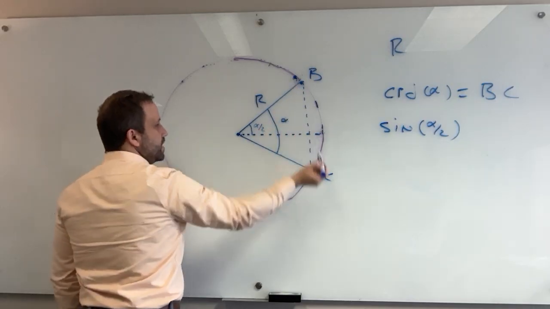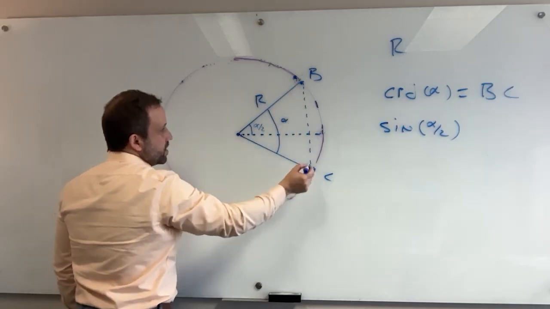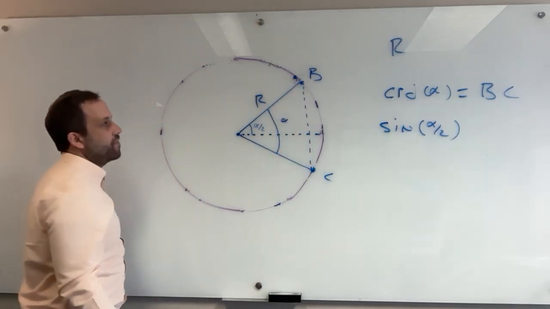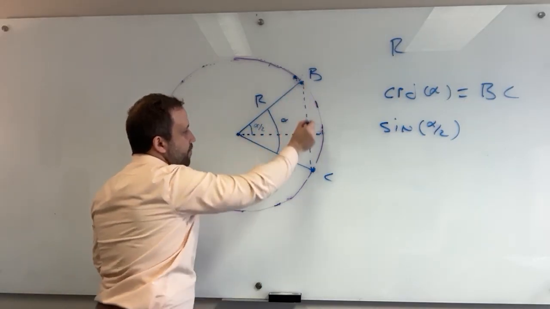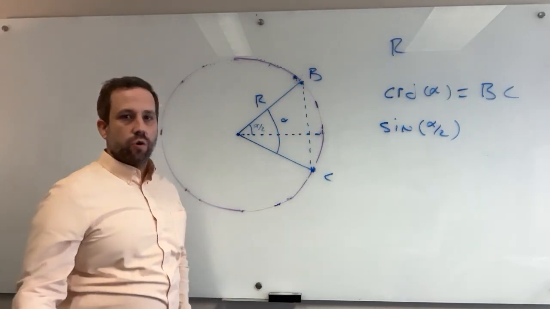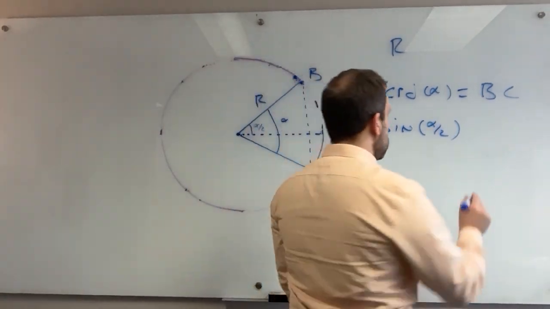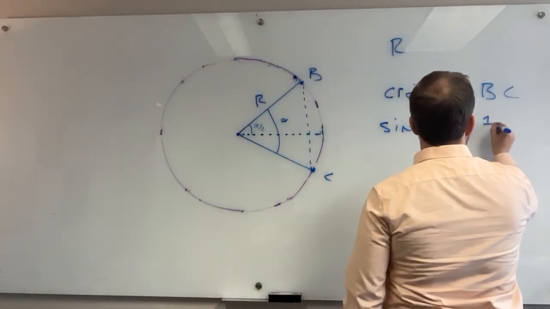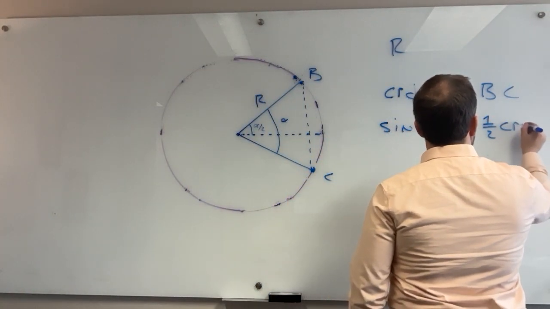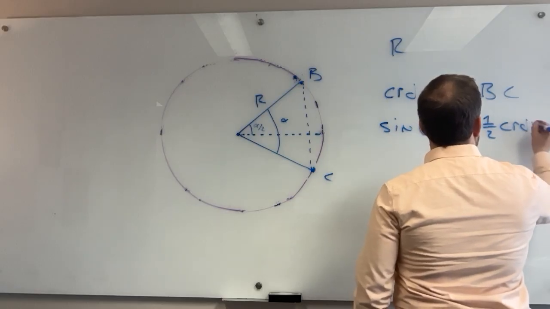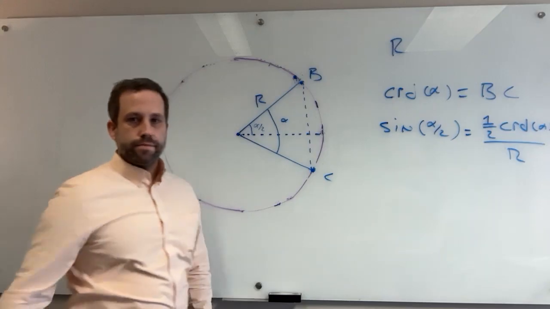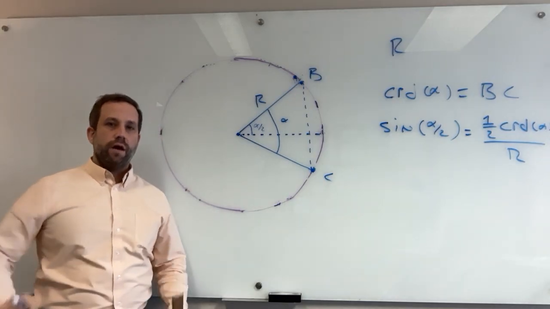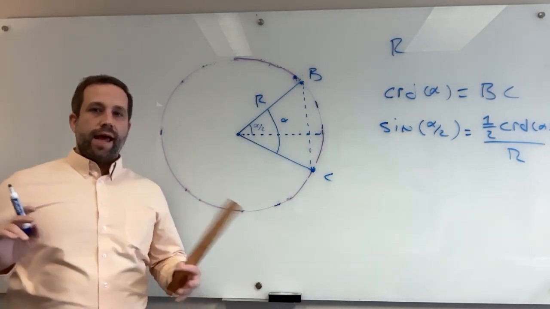Well, this length is just half of BC, but BC is just chord alpha. So then this is going to be 1/2 chord alpha divided by r.